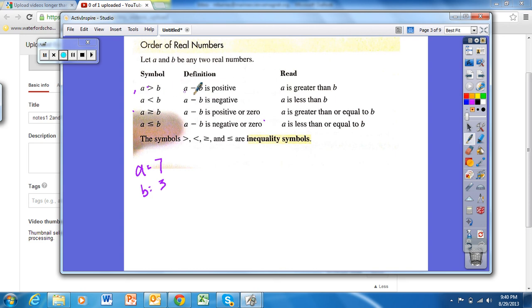Obviously, if a is greater than b, a minus b is positive. The reverse is true if a is less than b. If you switch a and b here and make a 3 and b 7, then when you do a minus b, you get a negative number. If a is greater than or equal to b, it's either positive or 0. Less than or equal to b, negative or 0.